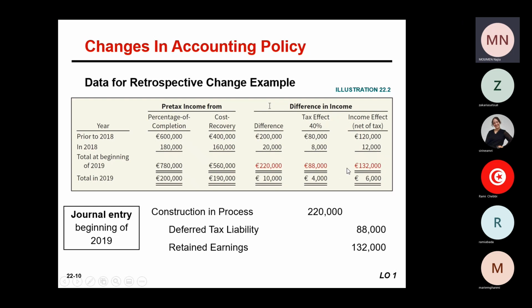Okay, so if they were using the percentage of completion method, the firm would have recorded a higher construction in process, an increase by 220. The firm would have paid more tax expense of 88, and of course the retained earnings, because you know these are accounting periods that were already closed. Okay, that's why of course we'll have to credit retained earnings for that effect on net income.